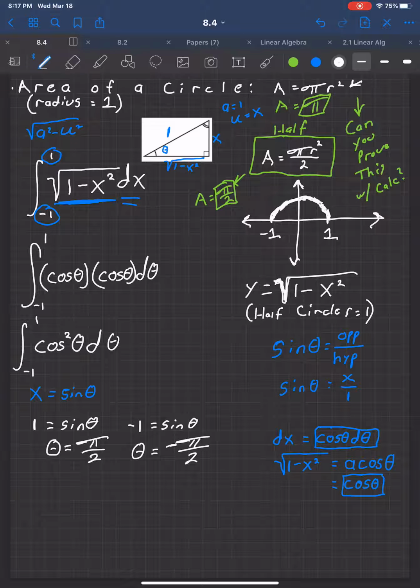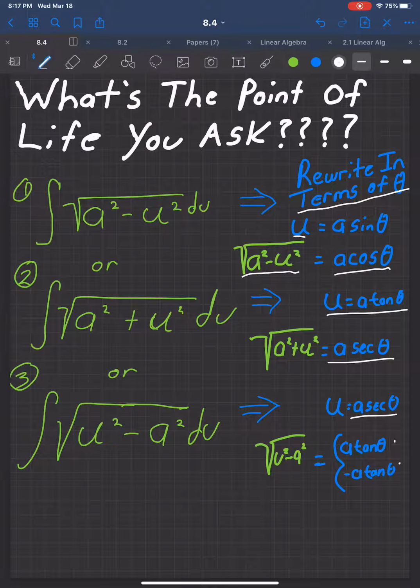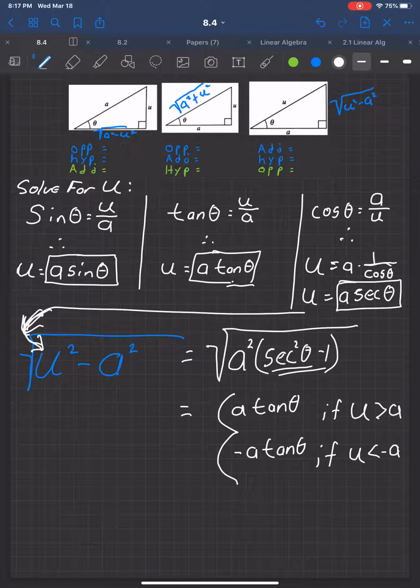And that's because all of these rules that we came up with here, when we were able to define these in terms of theta, assumed that theta was between -pi over 2 and pi over 2.